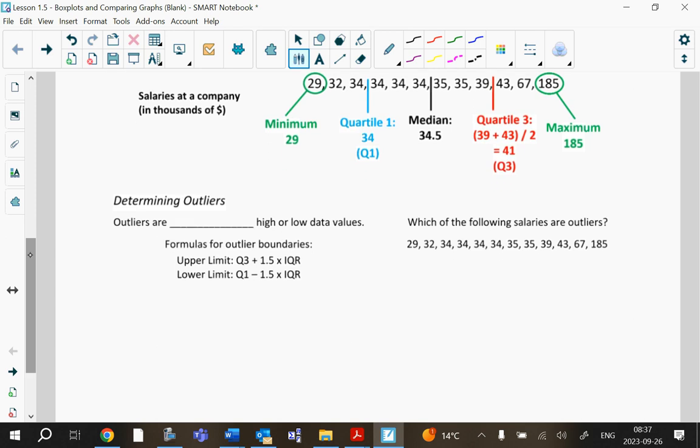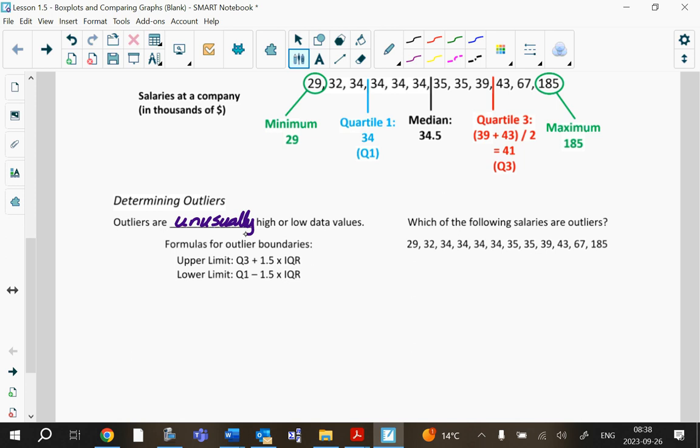So outliers, like we talked about before, are unusually high or low data values. And here's how we do it. We need Q3, Q1, and the IQR to do it. We calculated those last time. They're given here. So we're going to use Q1, which is 34, Q3, which was the average of 39 and 43, which is 41.